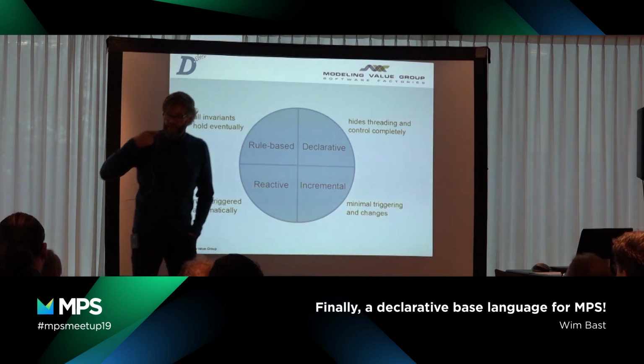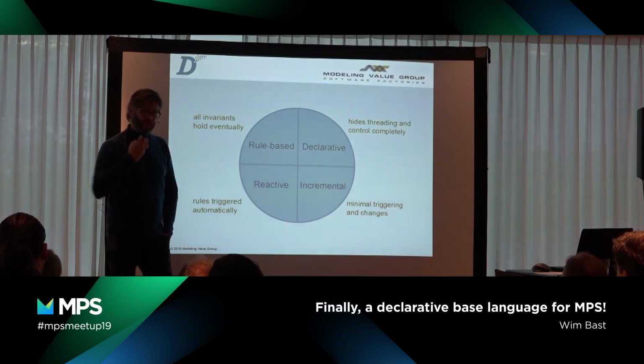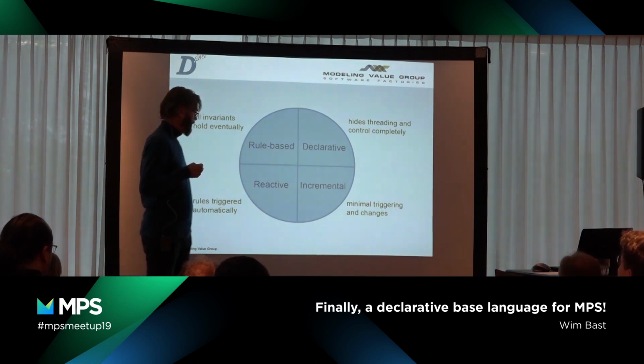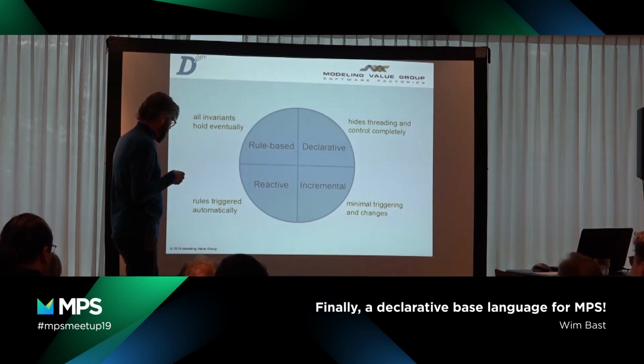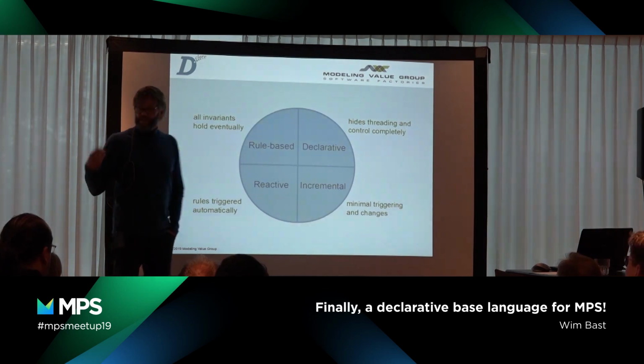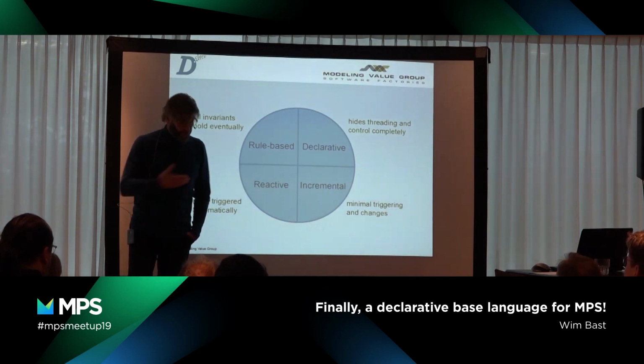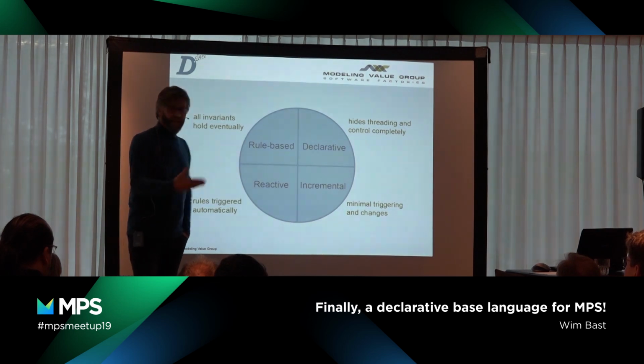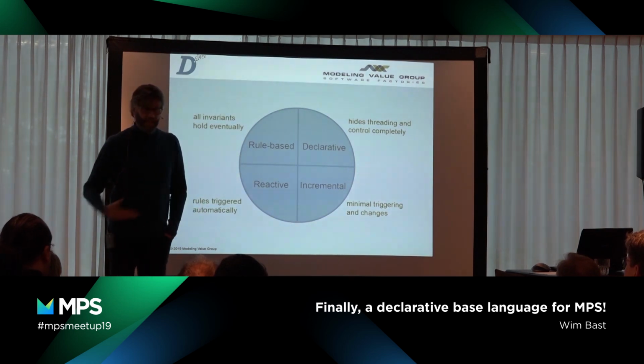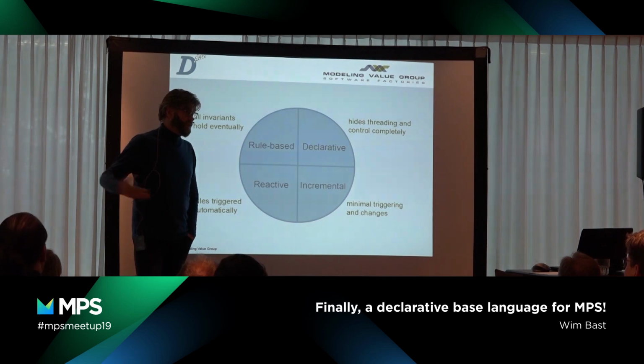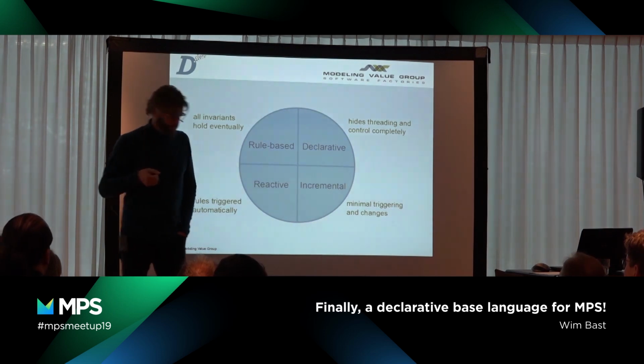So it doesn't recalculate the complete world, but only that portion that is impacted by the change. So as local as possible. And it's reactive, meaning you don't have to push a button to start Dclare, it runs in the background, and it keeps the world consistent all the time. Automatically.